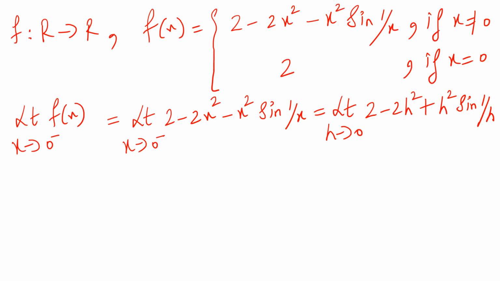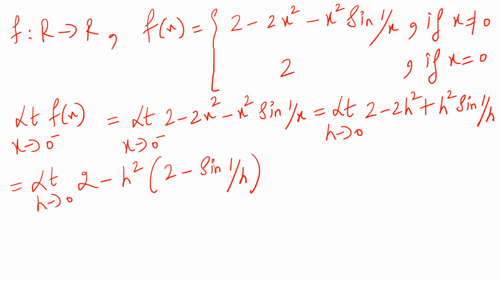Now students, this can further be written as limit h tending to 0, 2 minus, I am taking out h square common. Inside the bracket, I get 2 minus sine of 1 upon h. Now when h approaches 0, then h square will also approach 0 and 1 upon h will approach infinity.